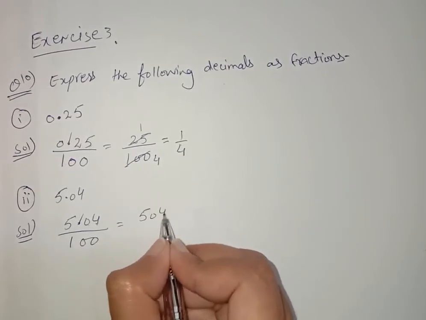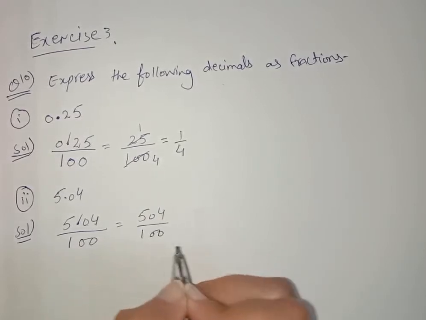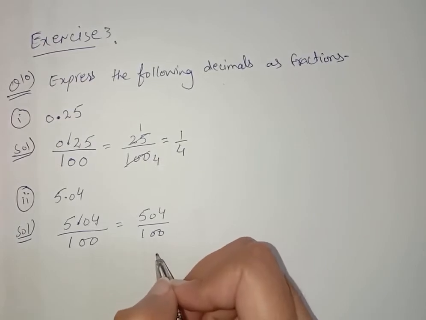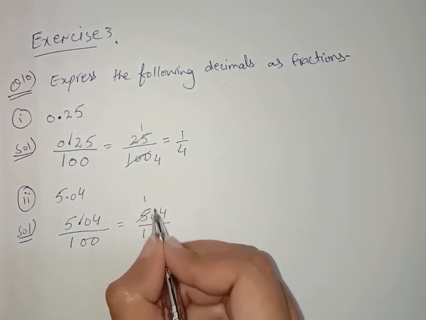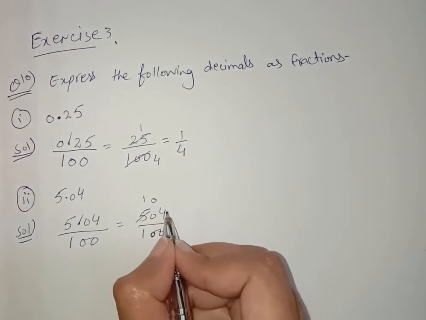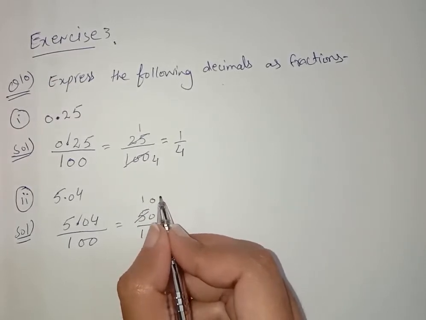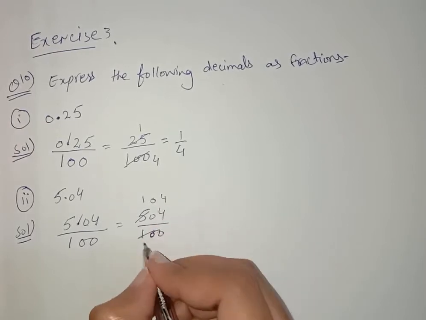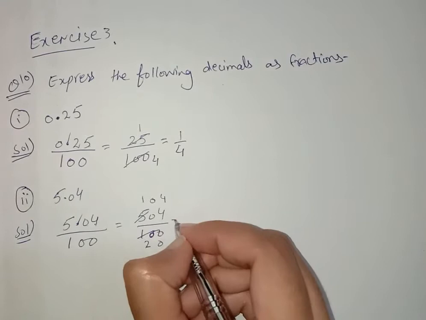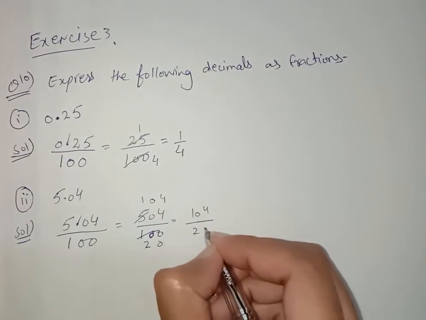So 504 by 100. Now we have to reduce this. 5 ones are 5, 0 comes as it is, and 4 also comes as it is, and 5 twos are 10 and 0. So 104 by 20.